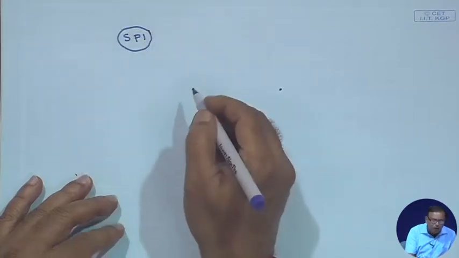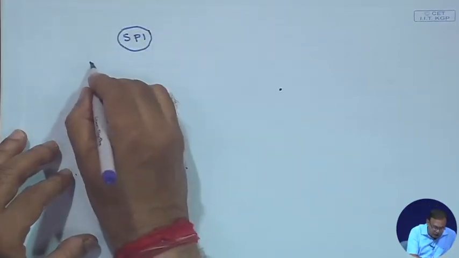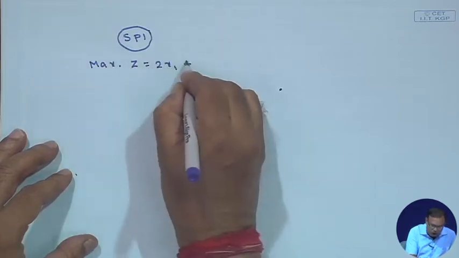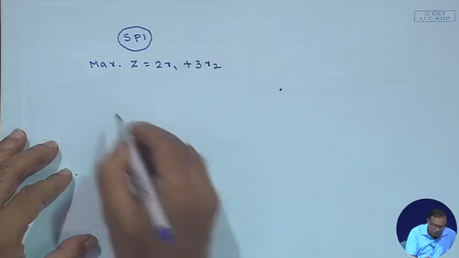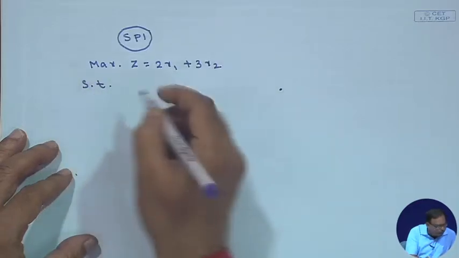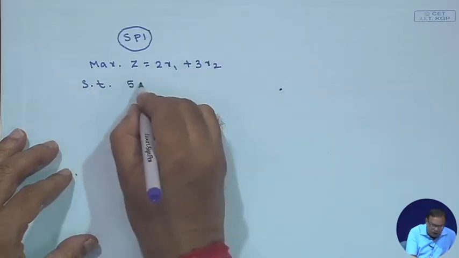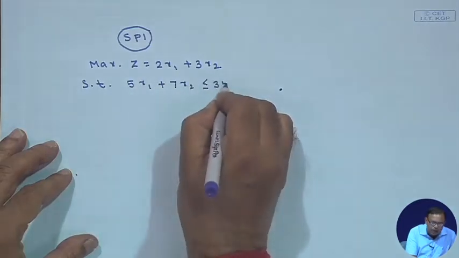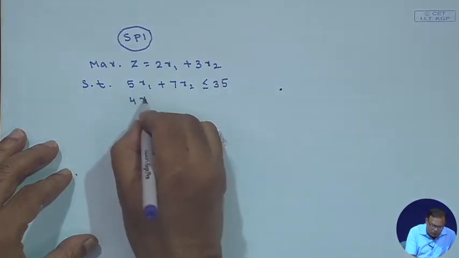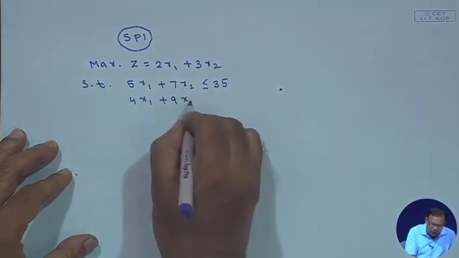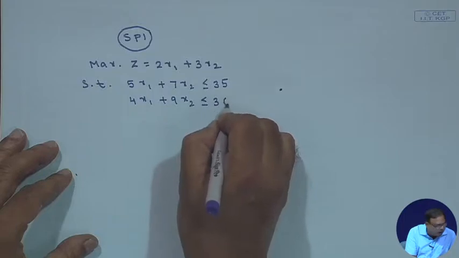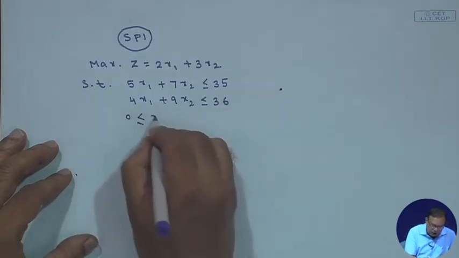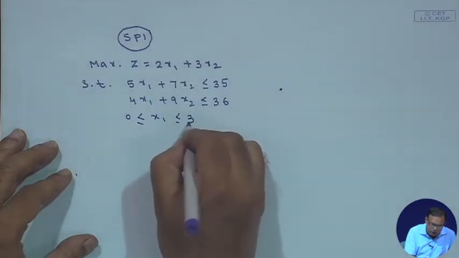Your SP1 will be: maximize Z equals 2x1 plus 3x2 subject to 5x1 plus 7x2 less than or equal to 35, 4x1 plus 9x2 less than or equal to 36, and 0 less than or equal to x1 less than or equal to 3.